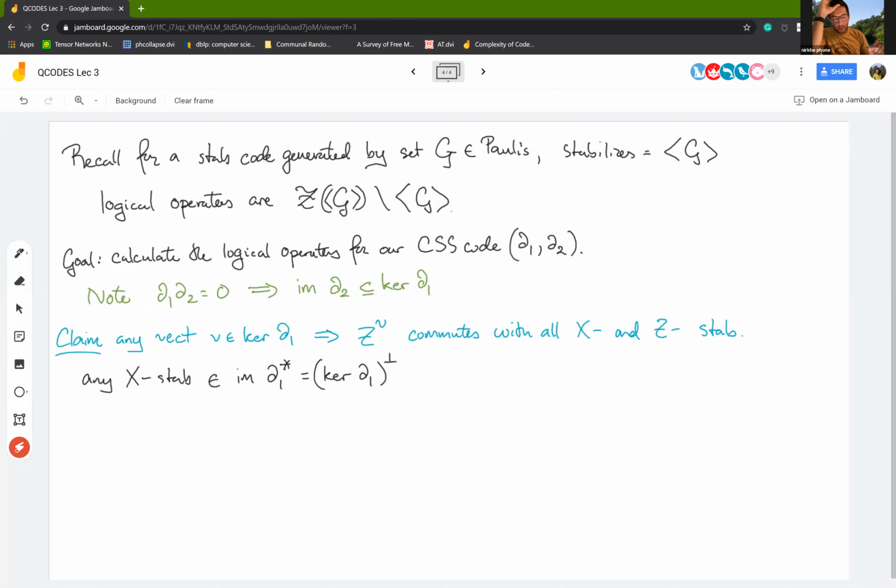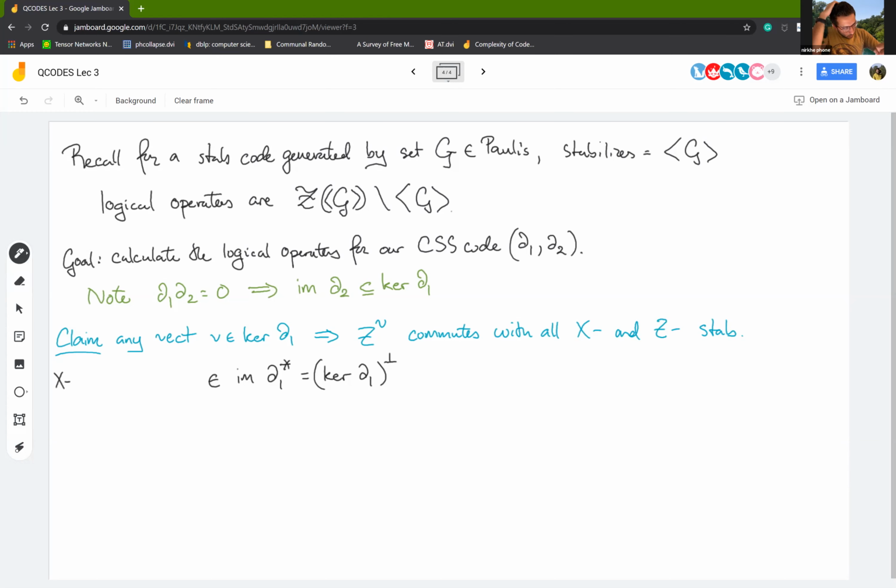Okay, sorry, I used some short form here that may have been a little annoying. When I say any X stabilizer, I mean the indicator vector for that X stabilizer. The indicator vector for that X stabilizer is going to be the image of delta 1 perp. So maybe I should be clear.